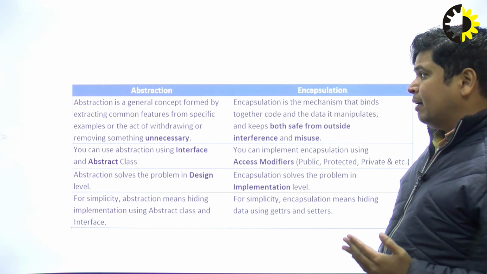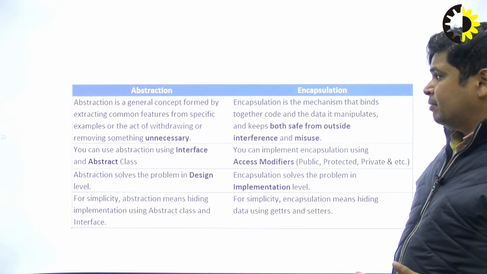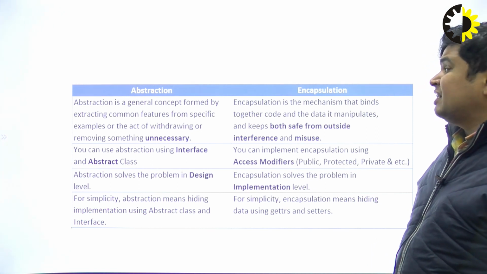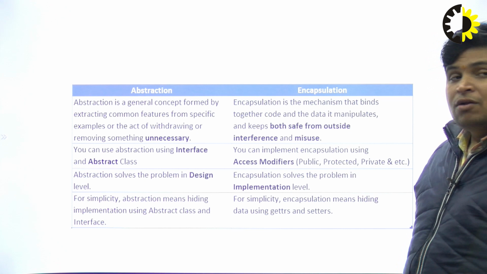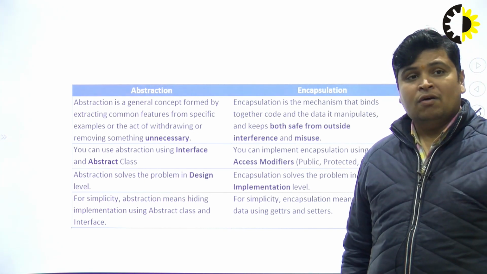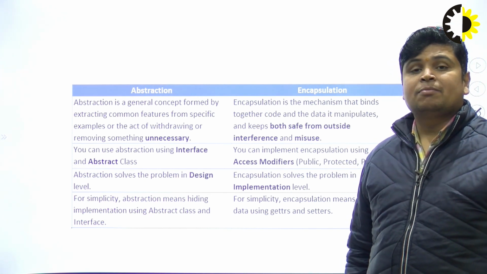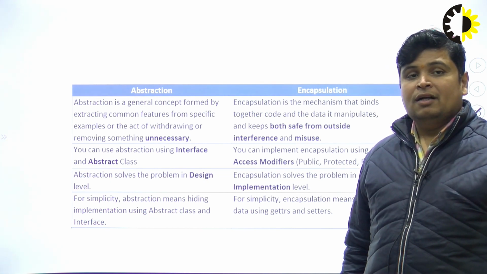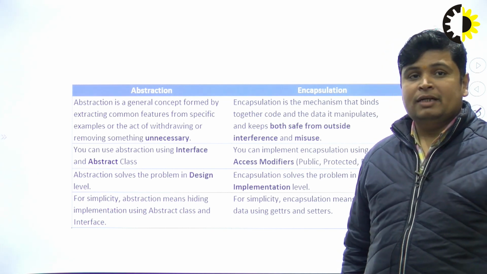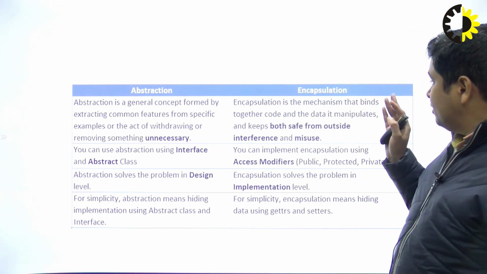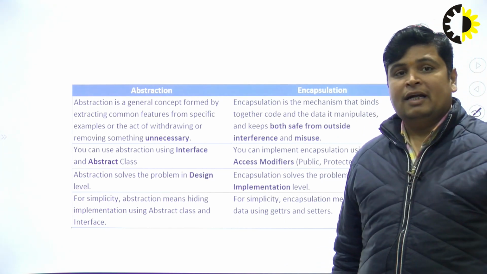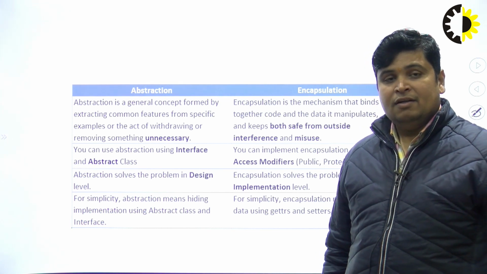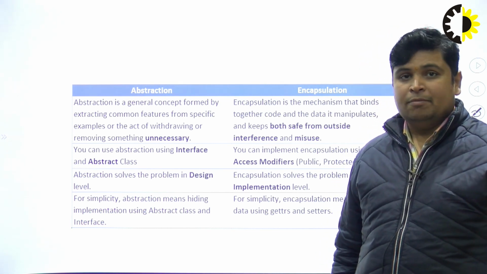Basically abstraction is a general concept formed by extracting common features from specific examples, or the act of withdrawing or removing something unnecessary. But encapsulation is the mechanism that binds together code and the data it manipulates and keeps both safe from outside interference and misuse.